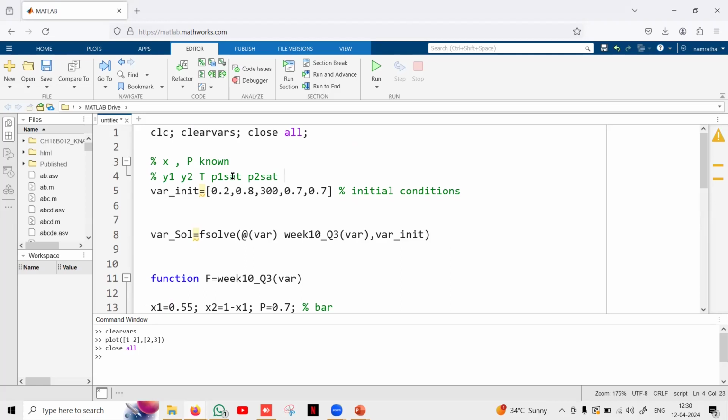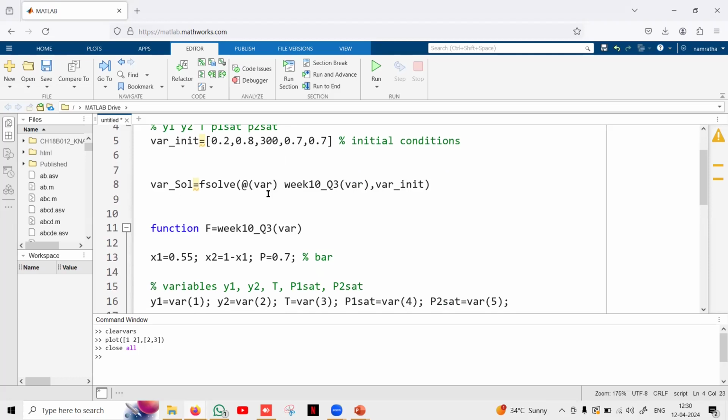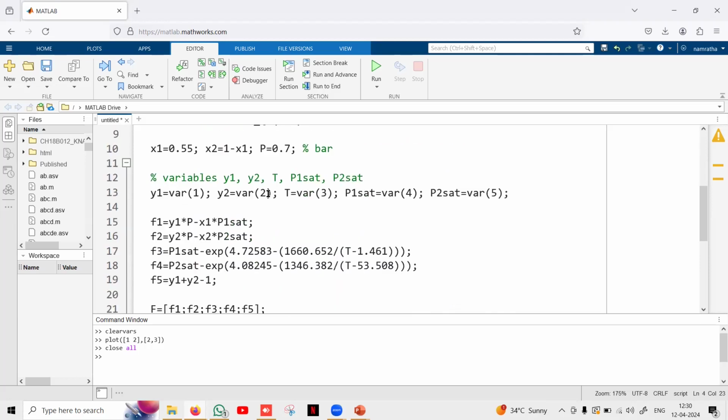In my function, I have written it so that I'm giving guess P1 sat and P2 sat also, but anyway, finally, it will be changed according to the equation there. So I'm giving some y1, y2 here, temperature 300, as initial condition. At the end of this, I'm writing a function here.